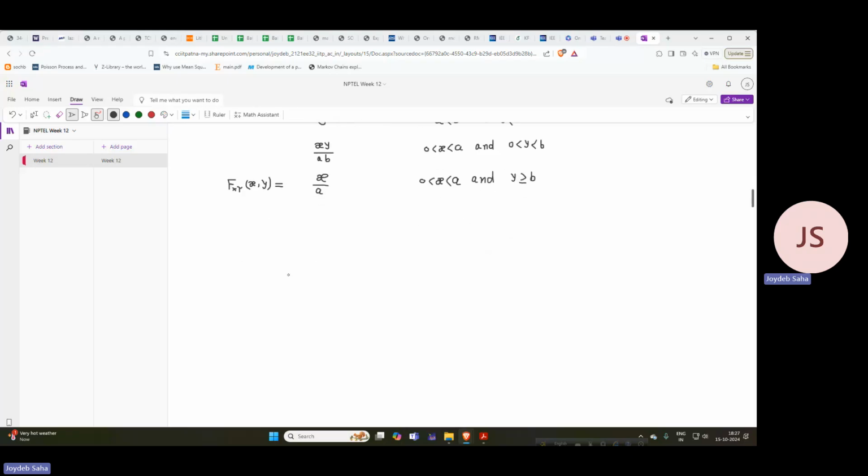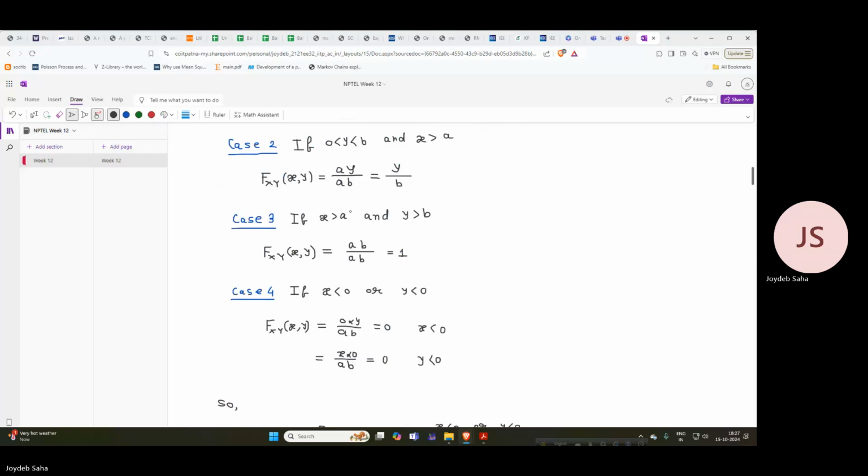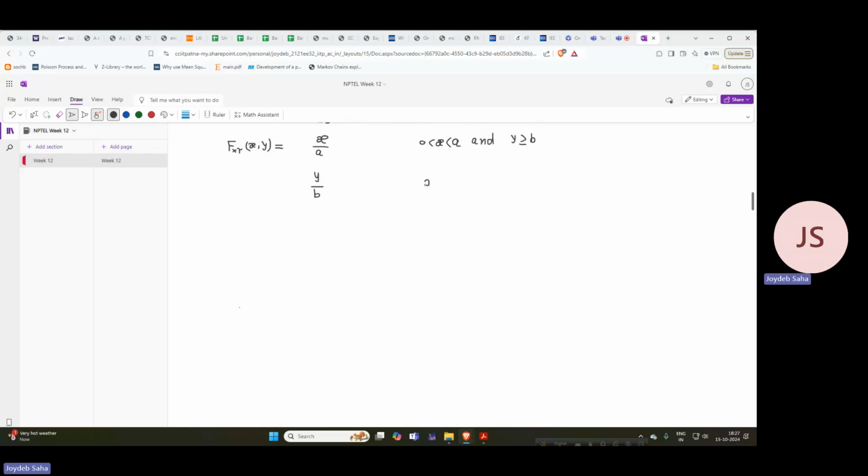Case 4 is y upon b. We have received it right here. So the condition is x is greater than or equal to a. Even if x is equal to a, then also it will happen, right? And 0 less than y less than b.